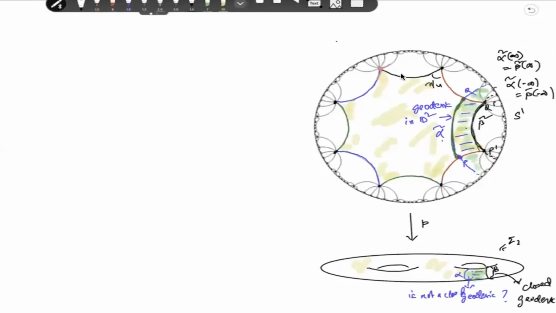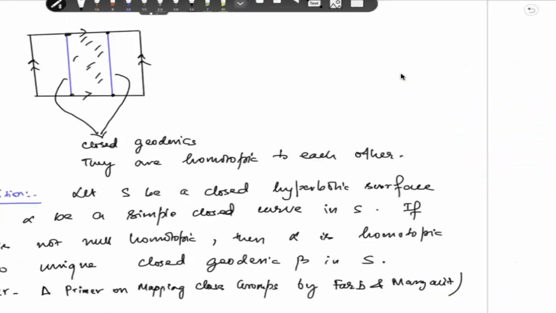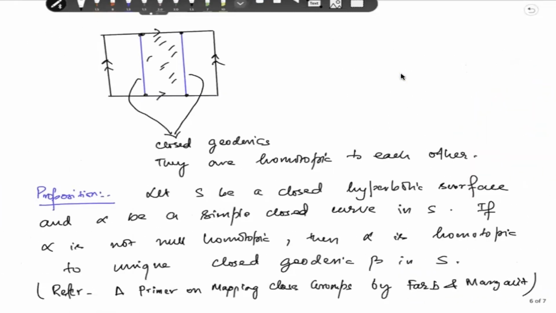That is why, in this proposition, if I take any simple closed curve alpha which is not null homotopic, then in its homotopy class there exists a unique closed geodesic beta in S.